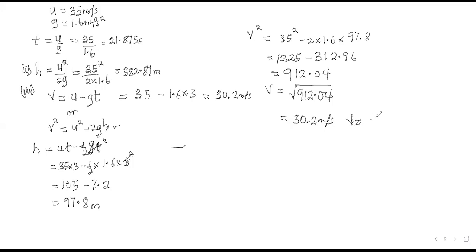Using the first equation, v is equal to u minus gt, you can determine the velocity at any time t. u is 35, gravity on the moon is 1.6 times the time 3. It's because this is g times t that I multiply 1.6 by t.